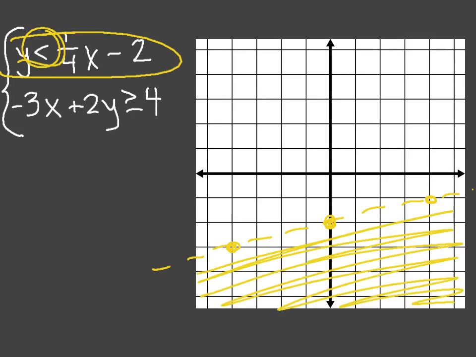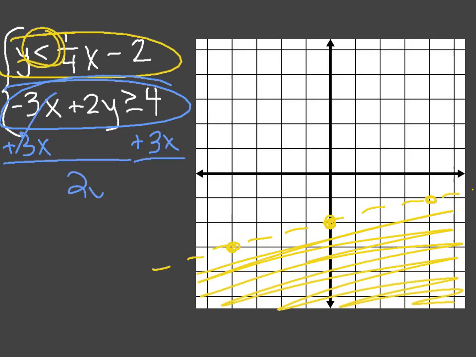The bottom equation I'm going to graph in blue. So -3x plus 2y is greater than or equal to 4. Well, I got to do some rearranging before I can graph this equation. I need it in explicit form with the y by itself.